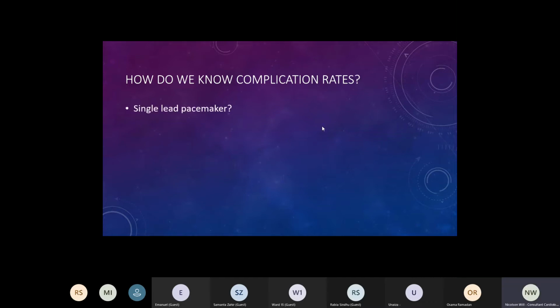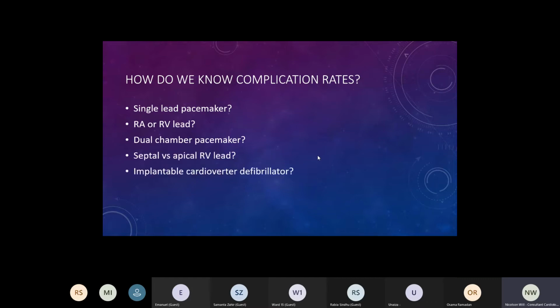So we could first have to think, there are so many different types of, we're going to concentrate on pacemaker procedures because that's what I mainly consent for. There are so many different types of operation that trying to say what the complication rates from each of these individual types of procedure is challenging.